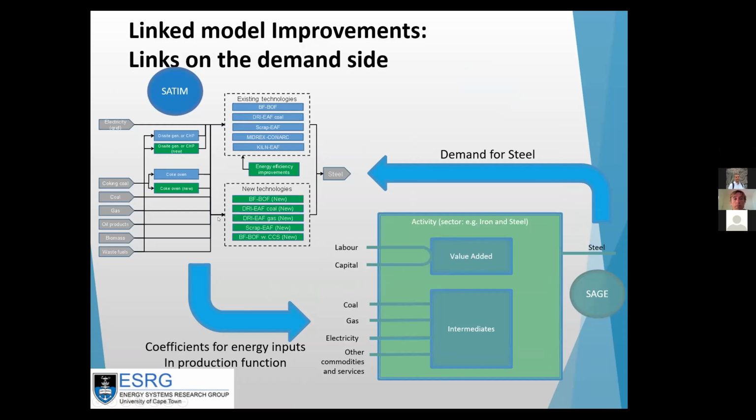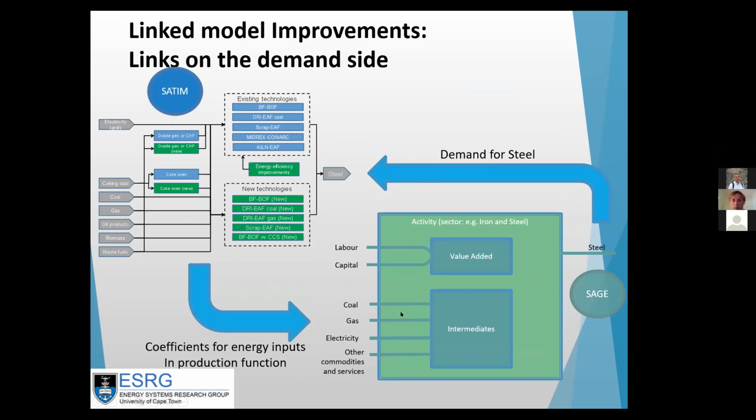In the energy model, we have the least cost fuel mix or technology mix to produce the different industrial commodities. And we pass that information to the CG model in terms of the production function, so the fuel mix required to make steel in this example.